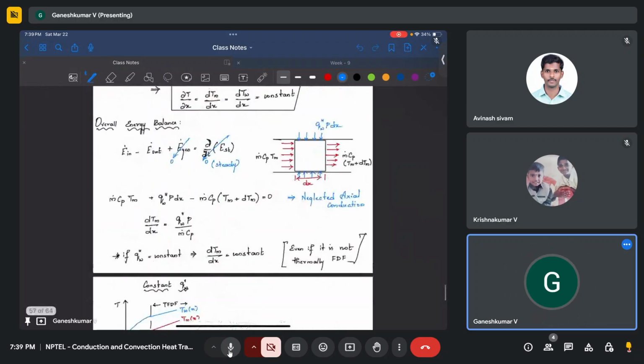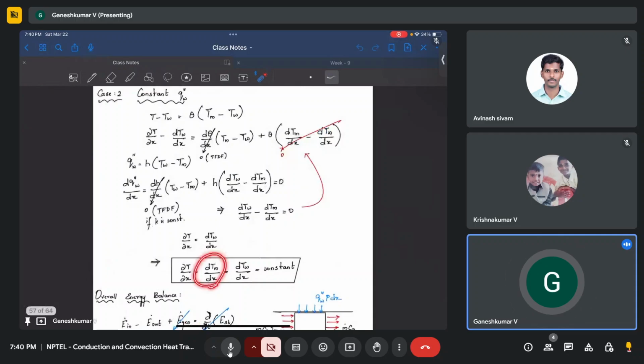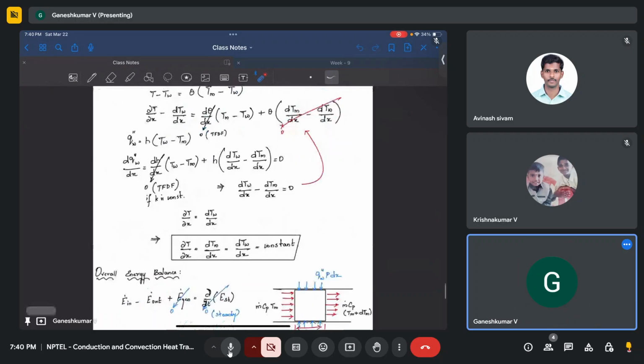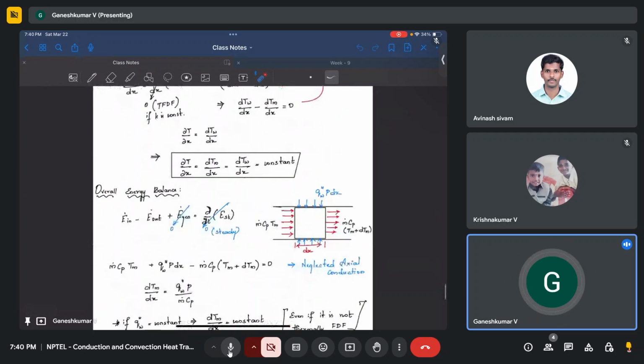You can see, for constant wall heat flux, dTm by dx is constant. If dTm by dx is constant, then dou T by dou x is constant. If dou T by dou x is constant, then dou square T by dou x square is 0. Okay.